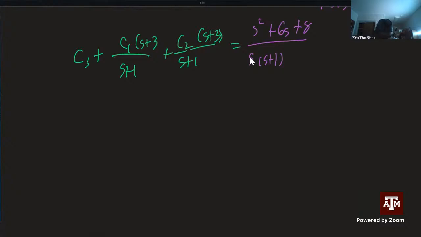So with S equals minus 3, you have C3. This goes to 0. This goes to 0. And then we're going to put the at.